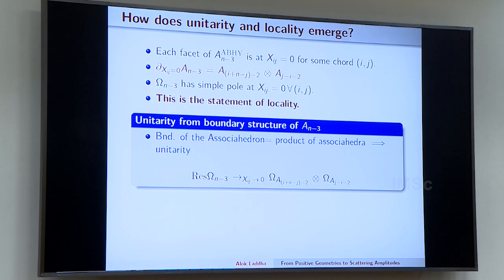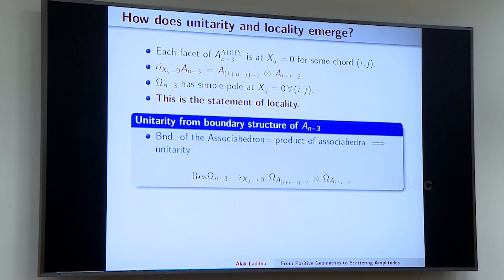First, recall that every face of the associahedron corresponds to erasing some chord ij, or in other words, putting xij equal to 0. And this is a property that we reviewed in the beginning, that any boundary of the associahedron of codimension 1 is always a product of two lower dimensional associahedra. The algebraic geometry result told us that this form has a simple pole at all of these xij's.